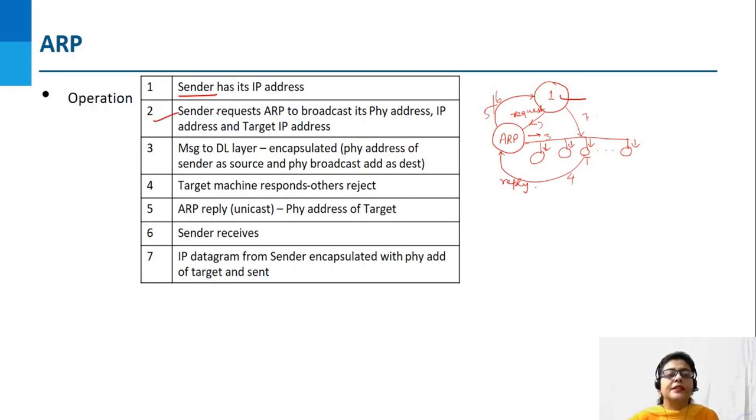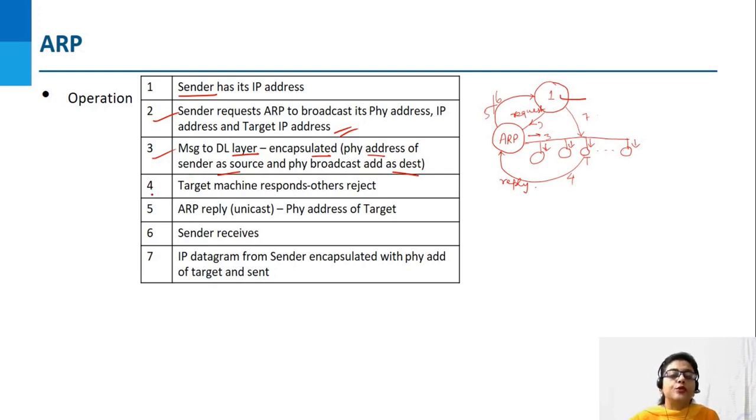So what it does, it sends the ARP request, which is broadcast, with its physical address, its IP address and the target address. So the ARP request is sent. It is received by all the devices. The message to the data link layer is encapsulated with the physical address of the sender as the source and the physical broadcast address as the destination.